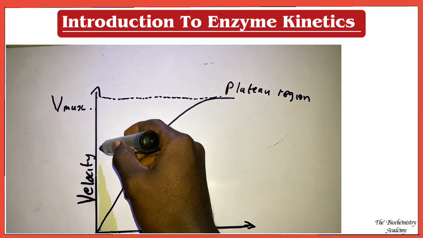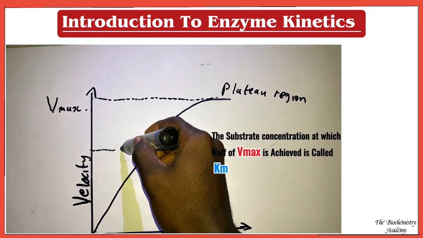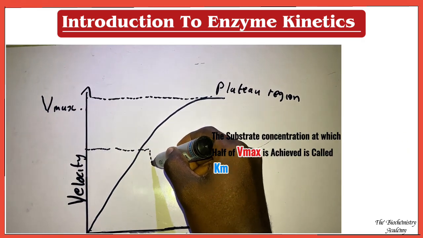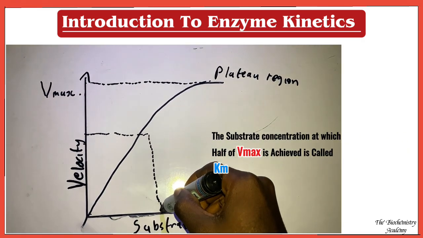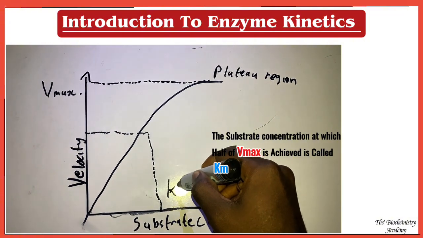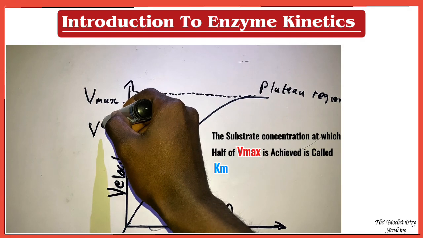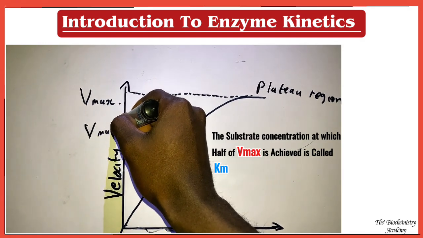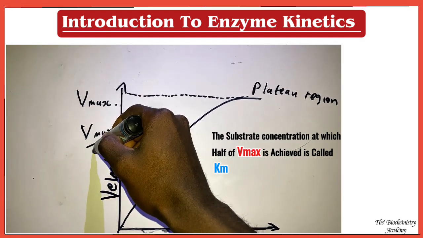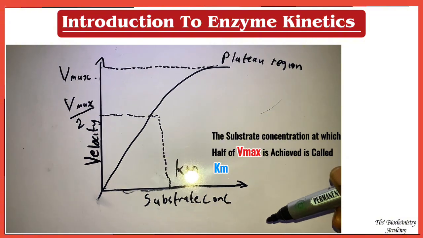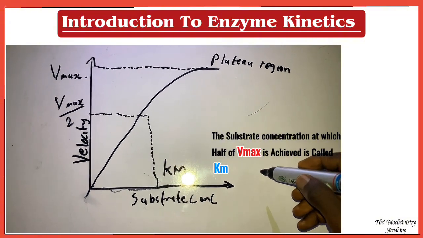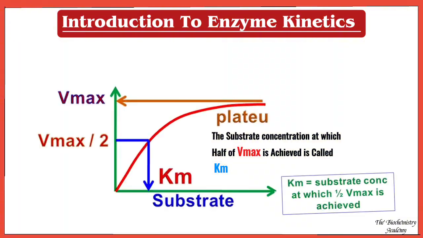To find the substrate concentration, we divide Vmax by half. The substrate concentration at which half of Vmax is achieved is called Km. Students often make mistakes when asked to define Km, so we say Km is the substrate concentration at which half of Vmax is achieved.